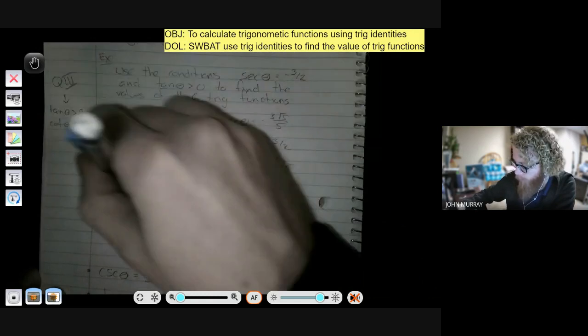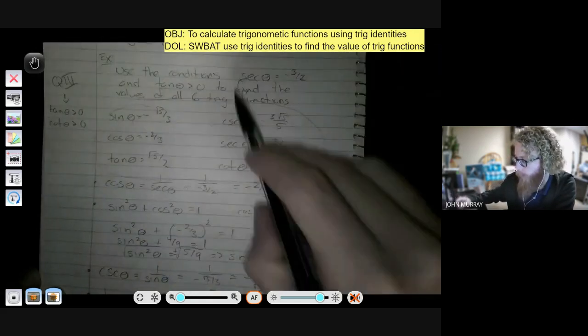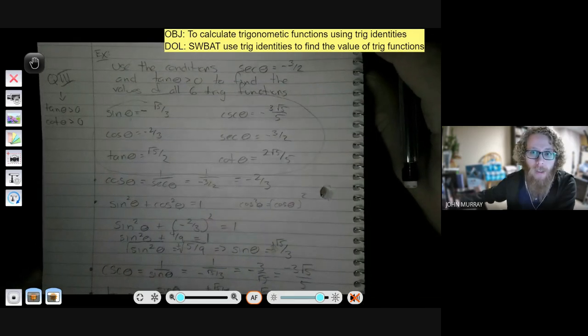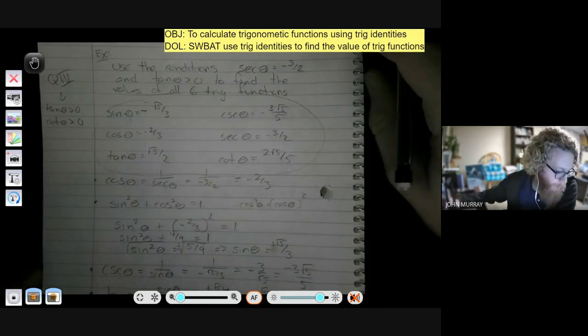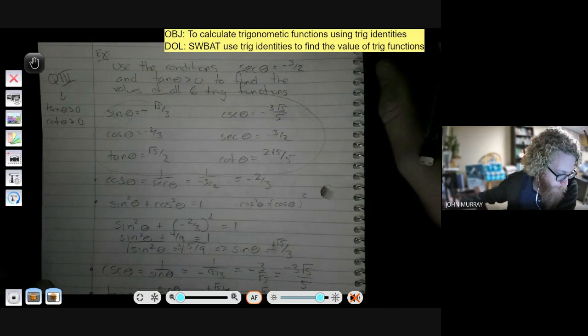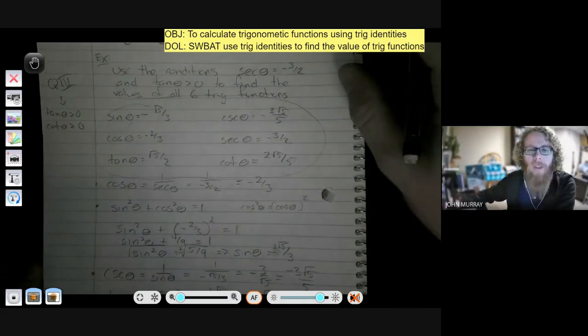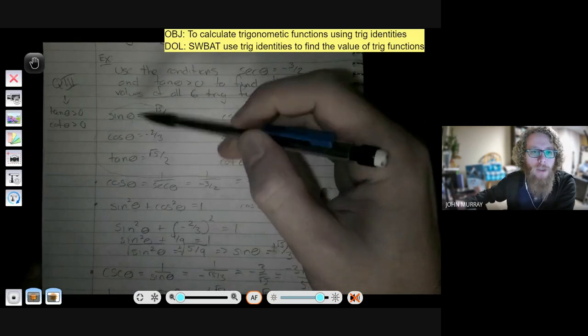All right, so we just found all of the trig functions, and all they really gave us was 1. They gave us the secant. Haven't we done something like this before? I feel like we have. Yeah, we did it, but I think it was with just these 3.